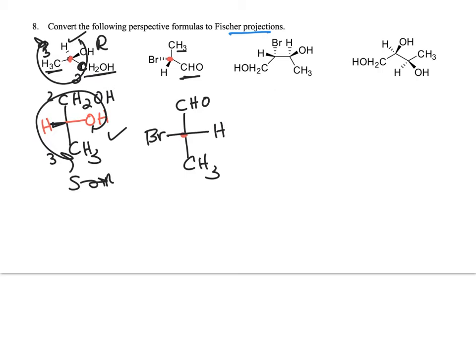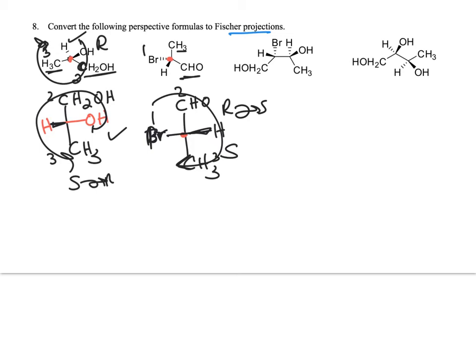Actually, let's not do that. Well, we can just do it. Let's just see. 1, 2, 3. 1, 2, 3. That's R. R goes to S because of hydrogen, so this is S.